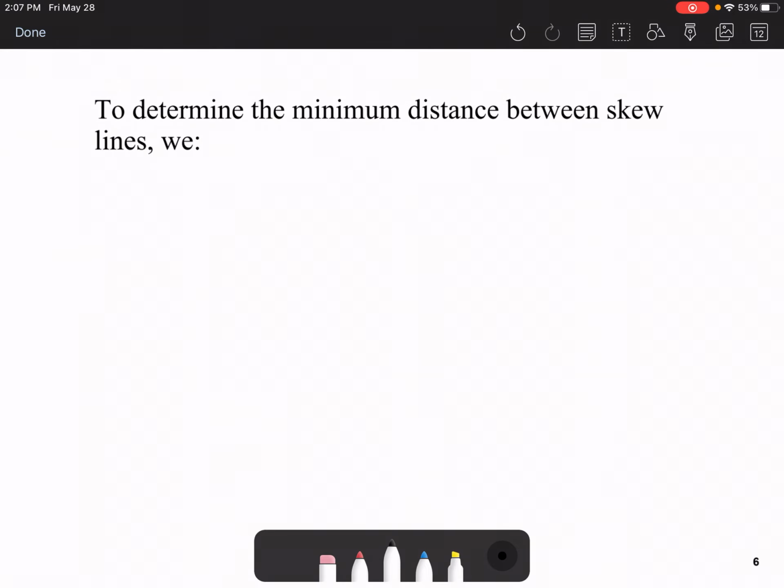Okay. So last thing that we're going to look at is how to determine the minimum distance between two skew lines. So in order to figure this out, I'm going to draw two skew lines here. Now the minimum distance between these two skew lines turns out to be a line that's orthogonal to both of these.